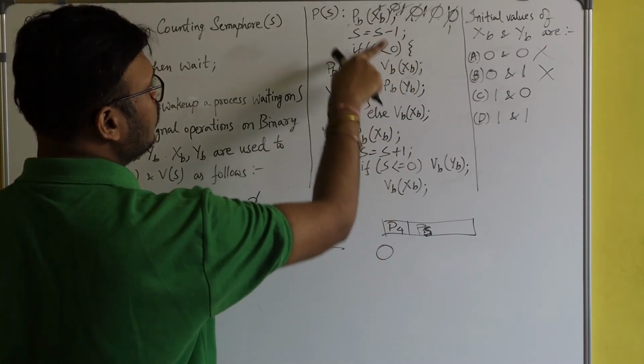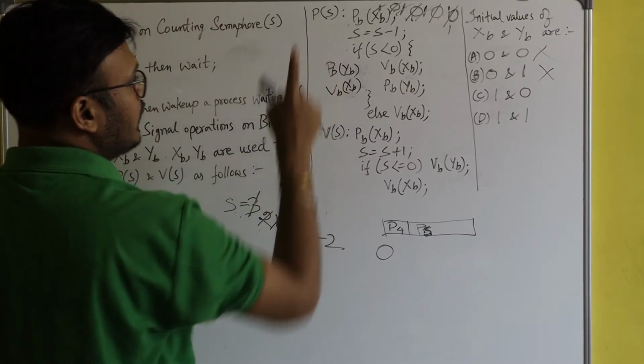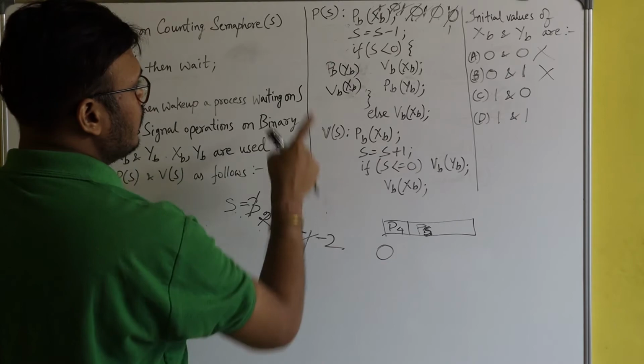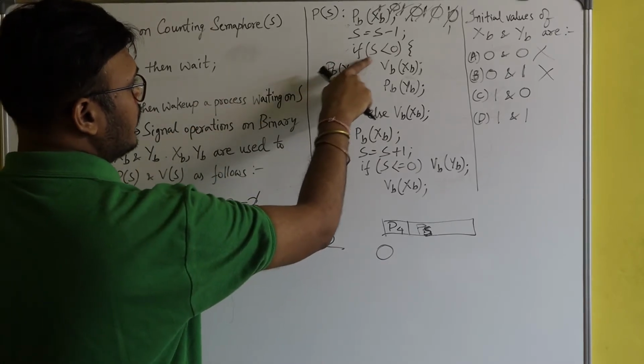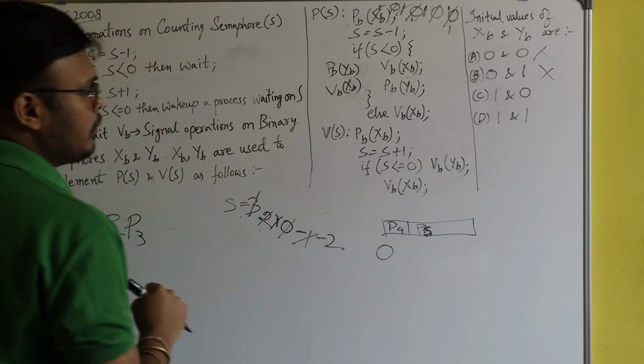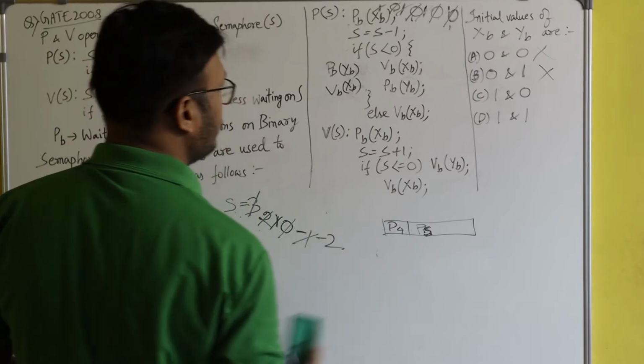After making it 0, the process could execute this line and this line, and since the process will get blocked, this condition is true. Suppose I am talking about process P5.